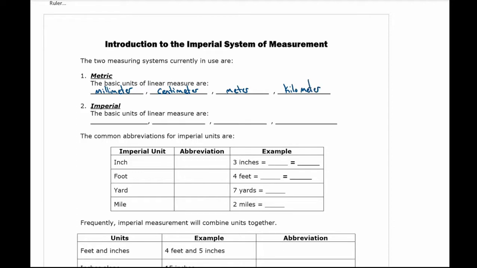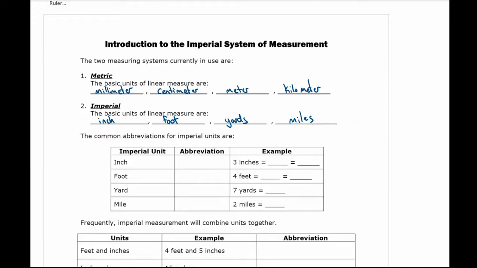The imperial system uses inches, or an inch, then a foot or feet, yards, and then miles. So again, different units of measurement, but I'm sure you've heard of the majority of these.